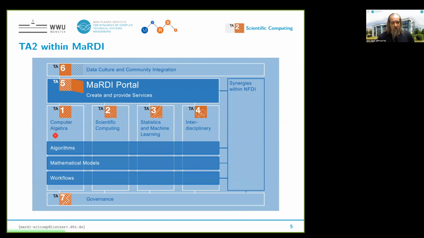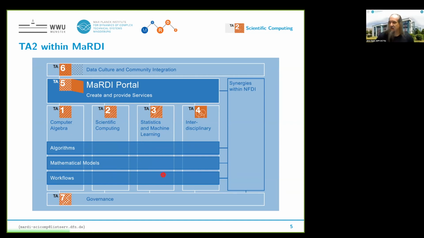So task area 1 is the computer algebra, where typically the data consists of integer values that can be computed exactly, but often with very high computational effort. Then in task area 2, scientific computing, we are starting to talk about rounding errors, inexact computations. So everything that involves floating point numbers, basically.